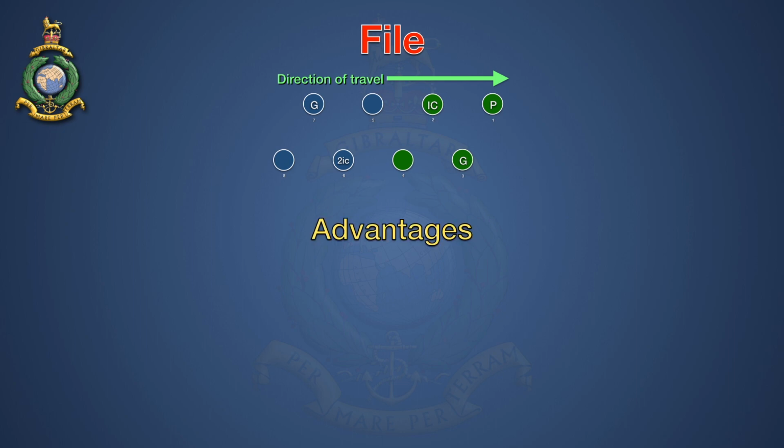So, advantages of the file formation. Good observation, both left and right. You've obviously got 4 people on either side. You can look out to the left and right, and because of that staggered nature, they can also look to the other side. Think about position number 2, the IC.